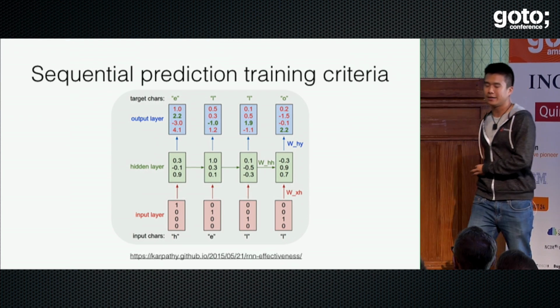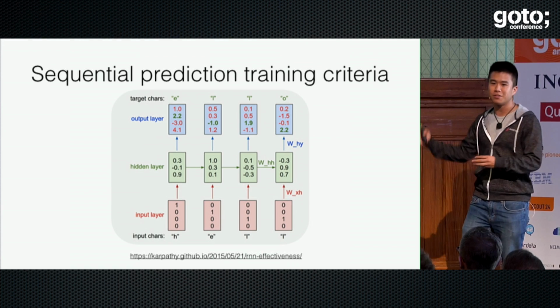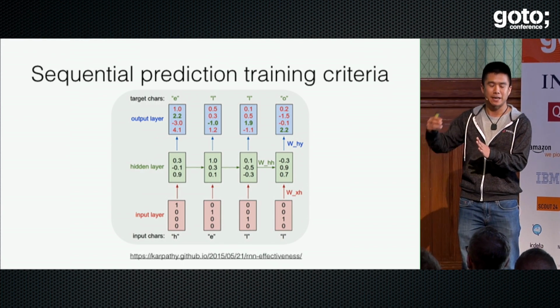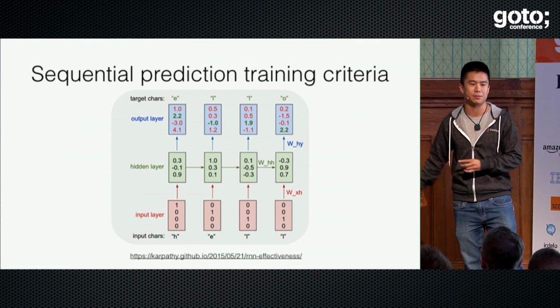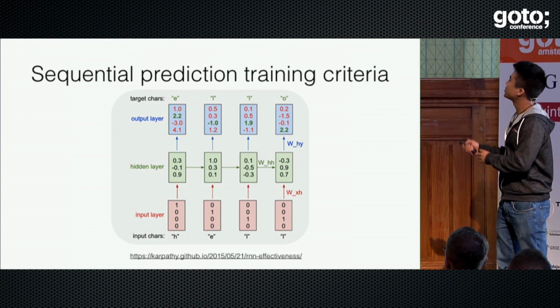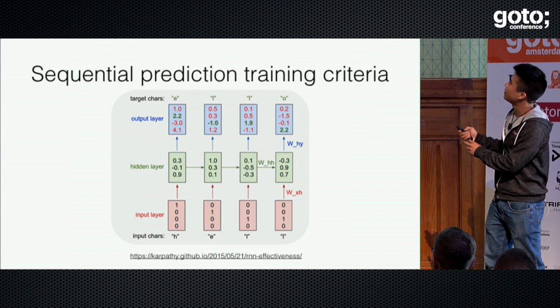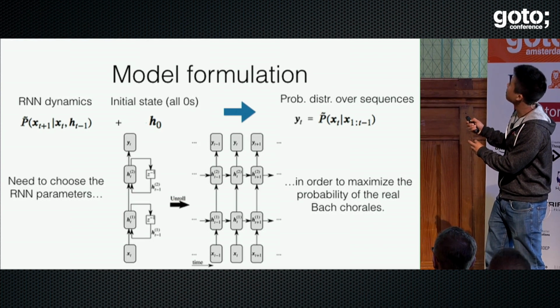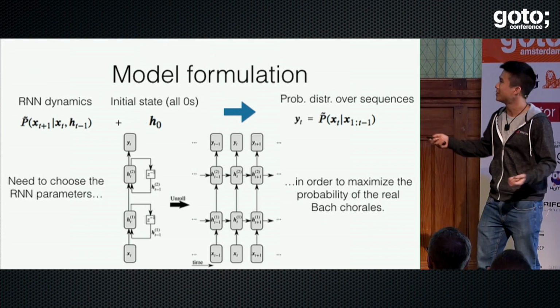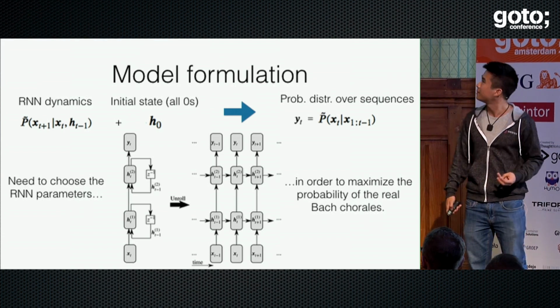If we take this analogy to music, I have all of the notes I've seen up until this point in time, and I'm trying to predict the next note. I can iterate this process forwards to generate compositions. The output layer here is actually a probability distribution. Sorry, I've taken the previous slide, and now I've put it on top of my unrolled network.